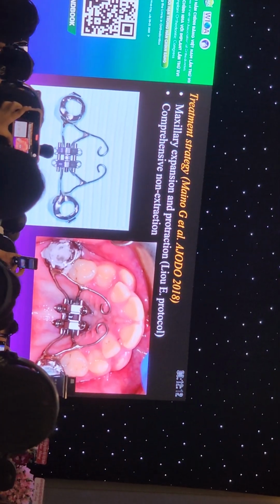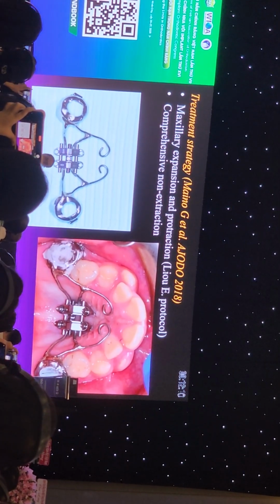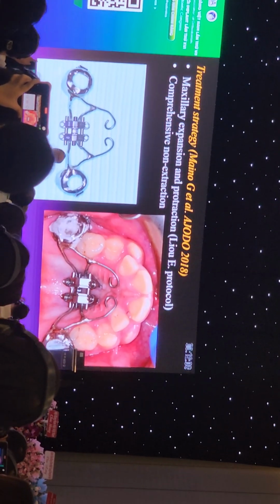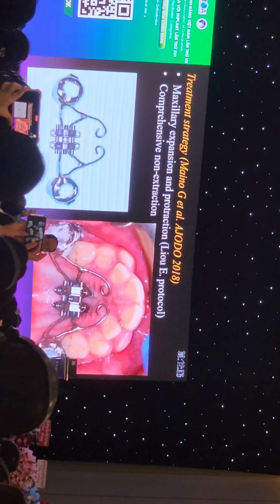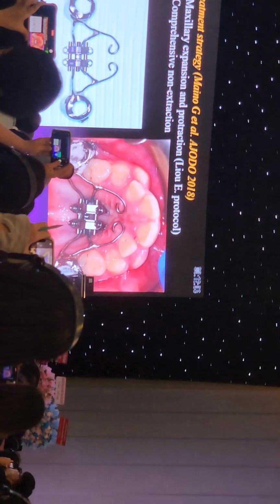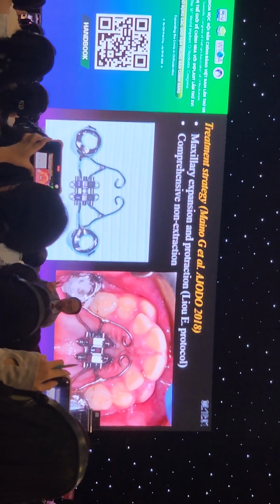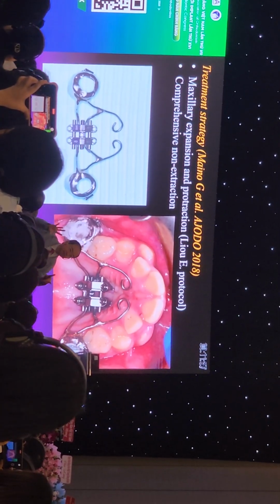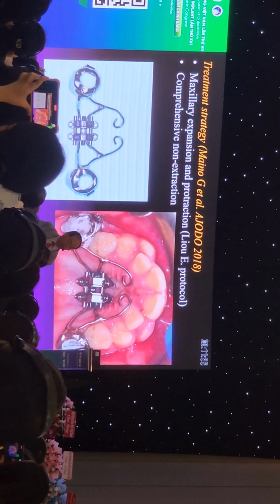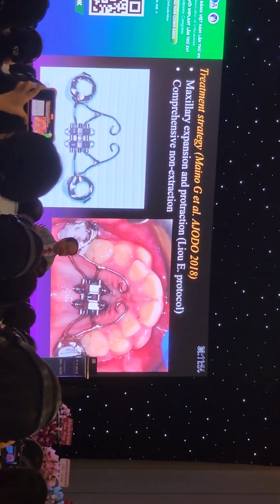And now, the reason I want to show you this case is not because it's a perfect case, all right? There is a problem there, okay? Take a look at the design of this appliance. First of all, I use the Rollo band, which is good. It reinforces the molar bending, so it won't break.